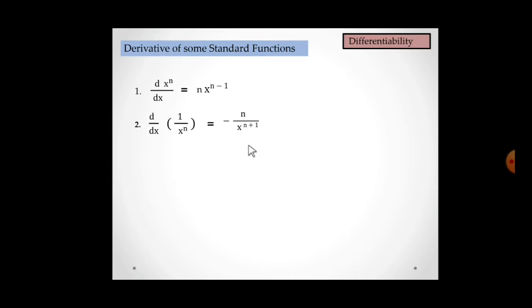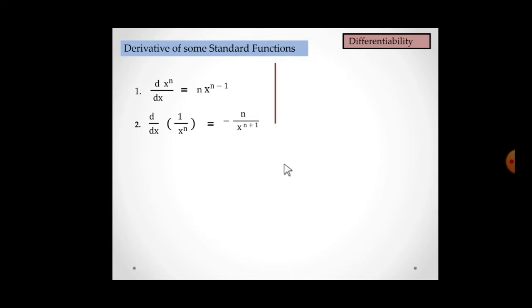Directly this gives the derivative: minus n, that is the power, divided by x raised to the power increased by 1. For example, for 1 upon x raised to 5, the derivative is minus 5 divided by x raised to 6. You have to increase the power by 1 in the denominator.